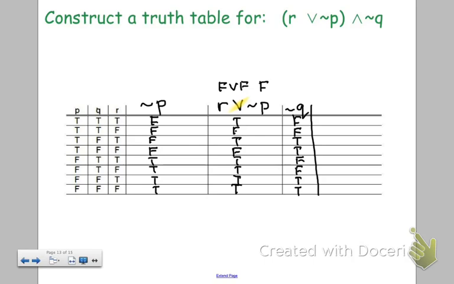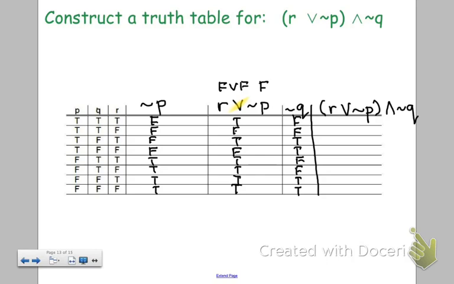My very final column is going to be R or not P in parentheses, and then outside of those parentheses, and not Q. So as I fill in this very last column, I'm referencing back to my R or not P column, and I'm also referencing back to my not Q column.